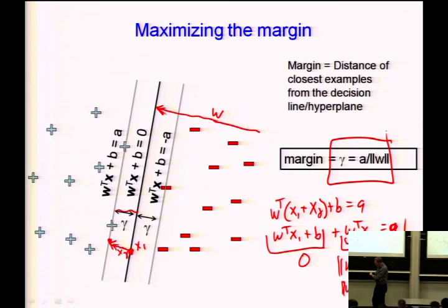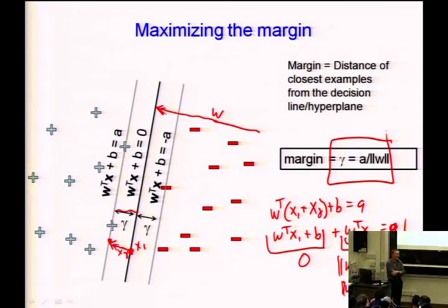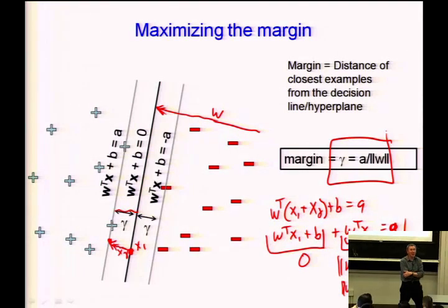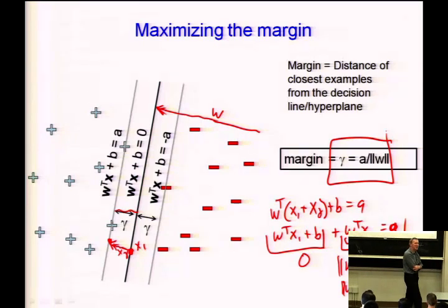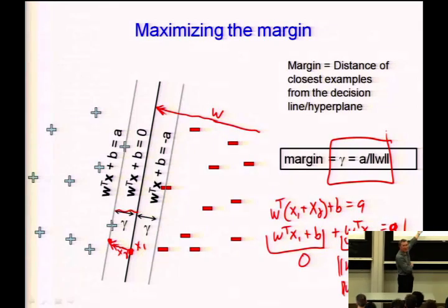So now next time we'll use this to set up an objective function. You can either peek ahead at the slides or you could think about this yourself. How would you set up the objective function that we want to optimize so that we maximize this margin?